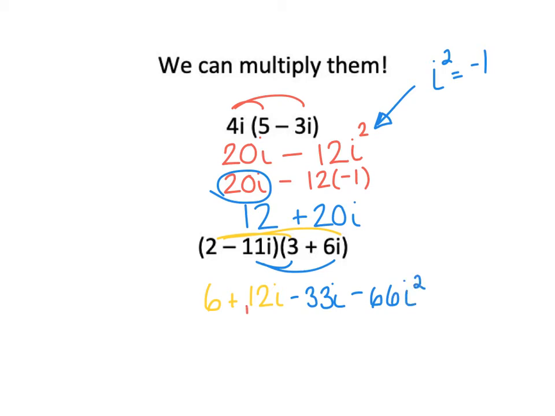I've got some like terms here in the middle, which would be 6 minus 21i minus, this would be 66 times -1, which would make this right here be a plus 66. So I have 6 plus 66 which is 72 minus 21i.